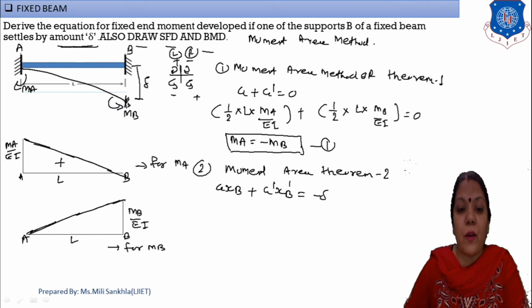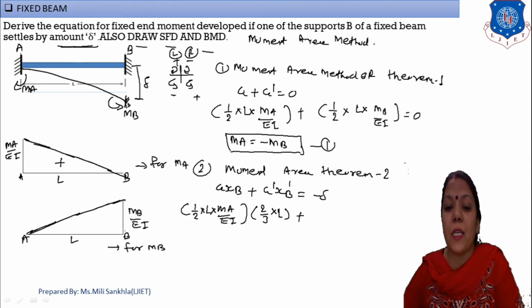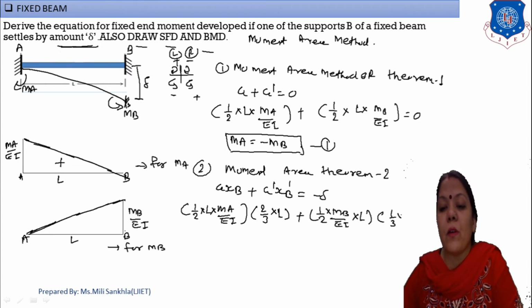Now follow this first figure right here. First write down A for area, 1/2 into L into MA by EI, and from B our CG is from the apex, 2/3 into L, plus the second figure 1/2 L into MB by EI, and from this B point base 1/3 into L. This is the CG, first area into CG, 1/2 then MB by EI into distance L, and 1/3 into L is equal to minus delta.